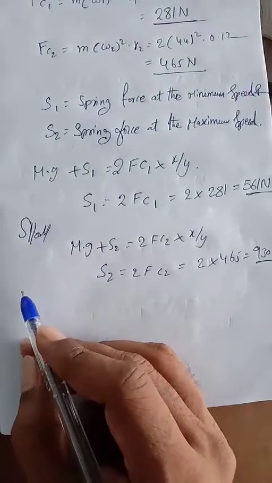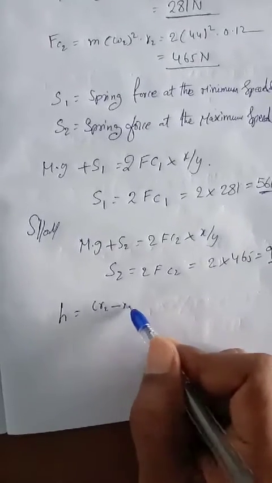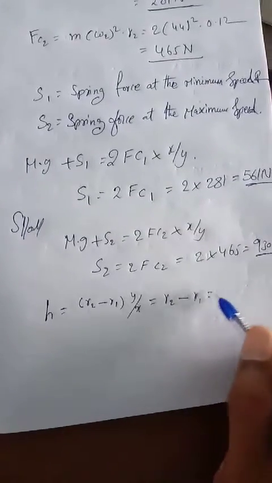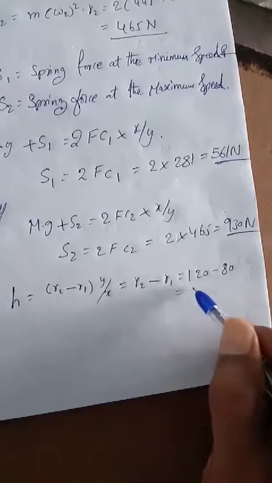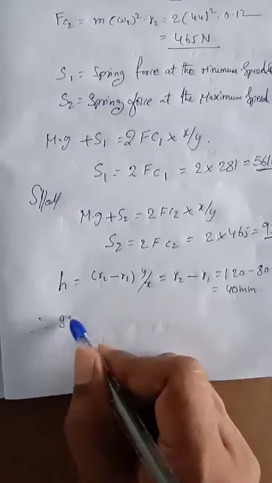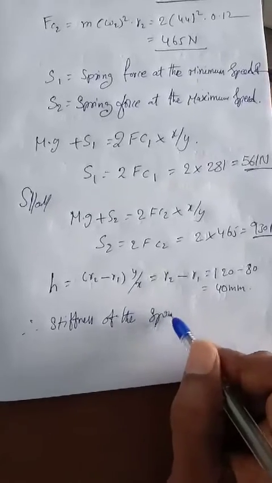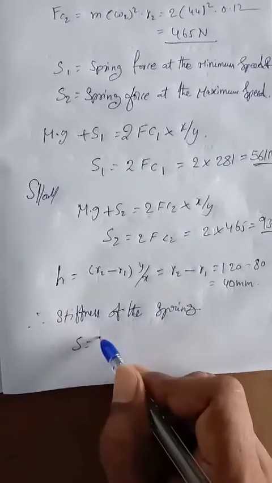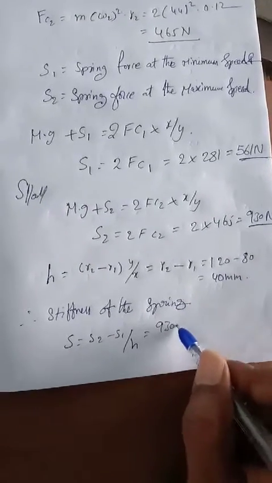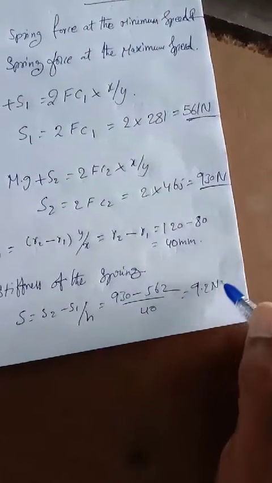Now we know that lift of sleeve H is equal to R2 minus R1 into y by x. That is equal to 120 minus 80, which comes to 40 mm. So therefore the stiffness of the spring S is equal to S2 minus S1 divided by H. Then here 930 minus 562 divided by 40, 9.2 newton per mm.